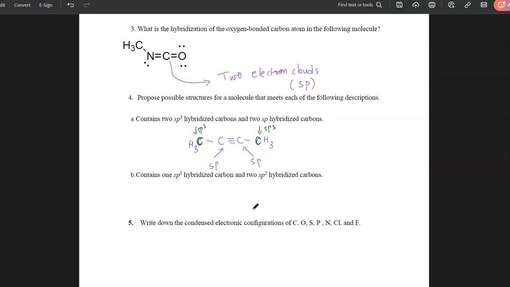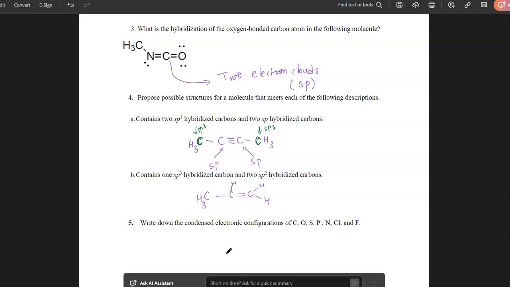The next one is asking to draw a structure of a molecule which contains one sp3 and two sp2 carbon atoms. So we can put one sp3 as CH3 and then two sp2. We can have a carbon with a double bond to C, and then we can complete the valency with hydrogen atoms.